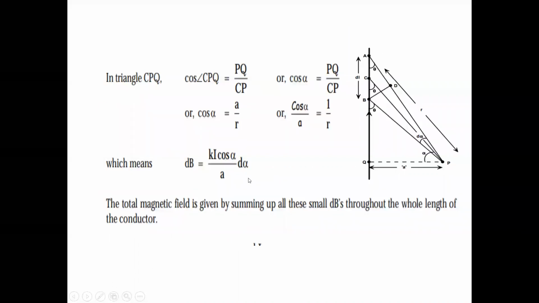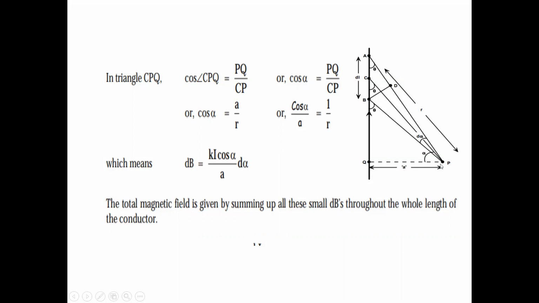before integration, we have to take another triangle, C, P, Q. This is the CPQ triangle. The angle between CP and QP is alpha. So the cos alpha formula is adjacent side, that is PQ, divided by hypotenuse, that is CP.